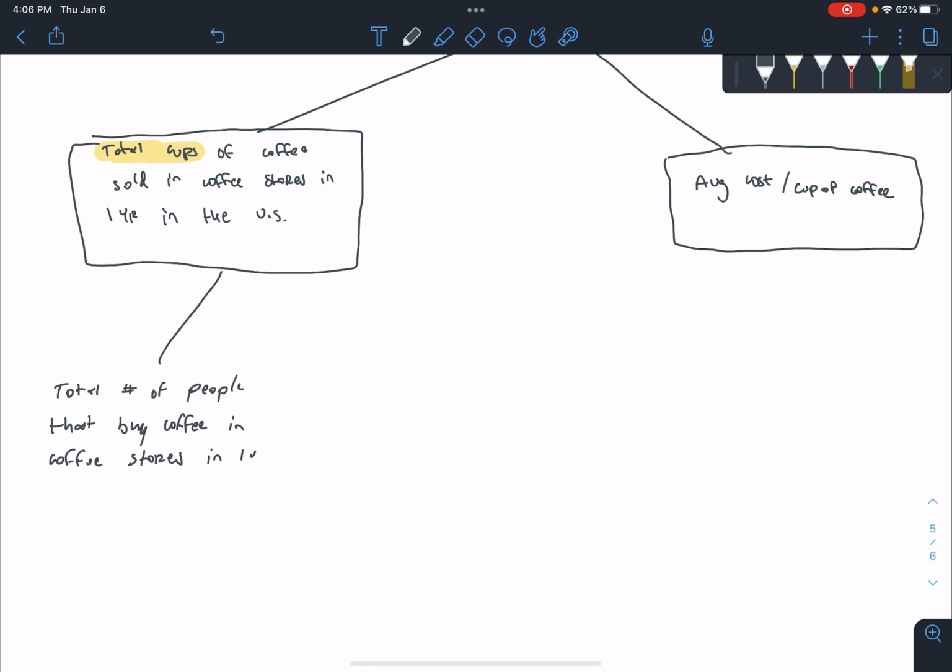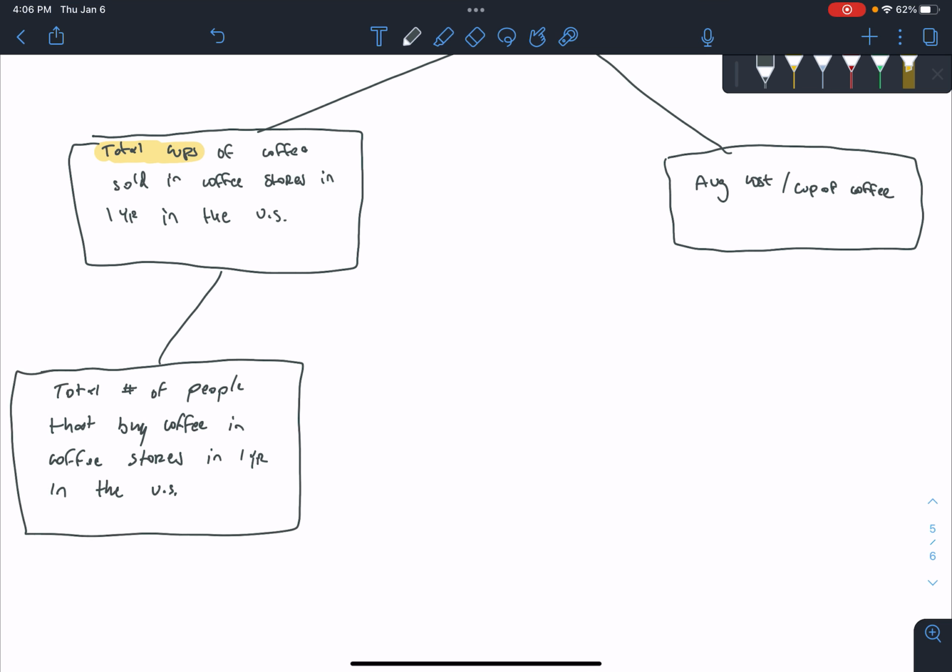In 1 year in the US. And this is multiplied by the average number of cups of coffee per person per year.